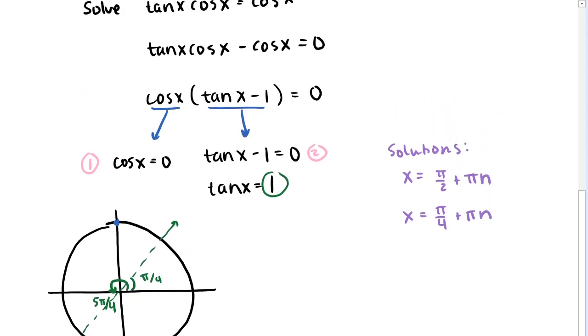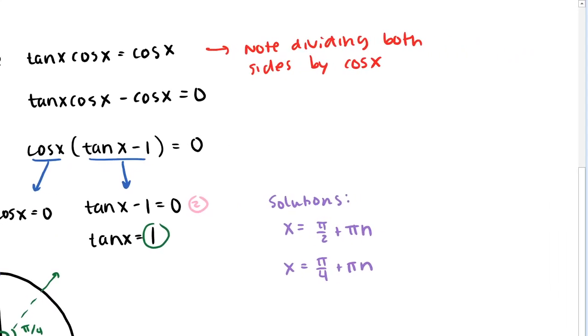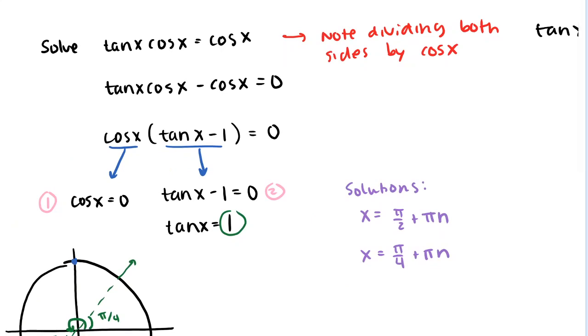And so here I want to pay extra attention to the fact that with the equation we started with, if we were to divide both sides by cosine of x, well, what do we get here? We would get the equation tangent of x is equal to 1, and that corresponds to this equation here.